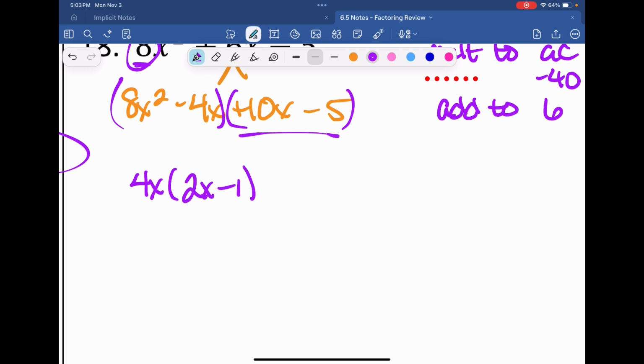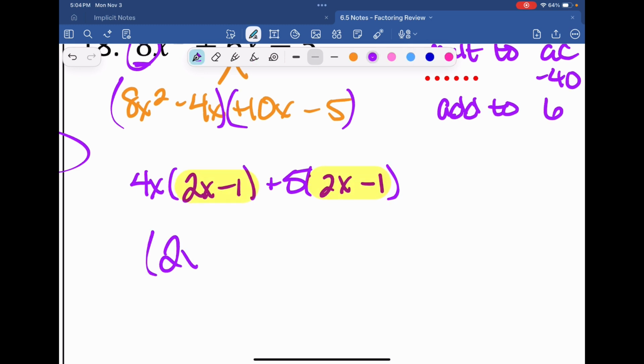GCF, and make sure you bring down your sign. Common binomial.